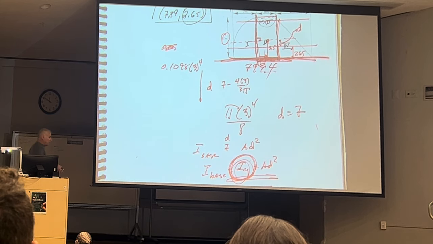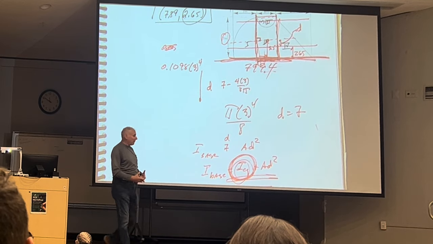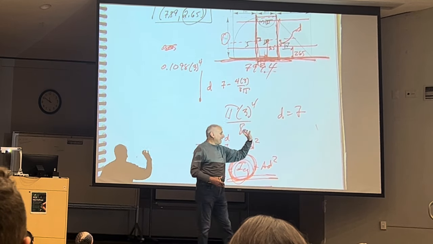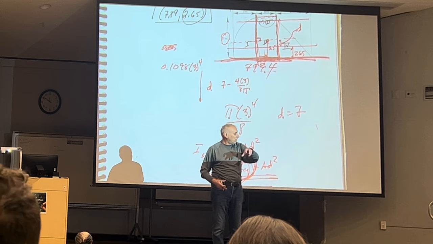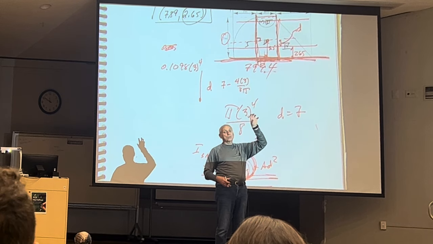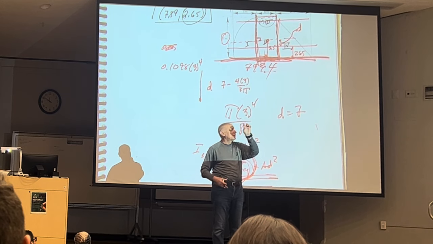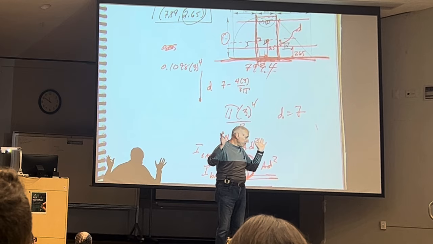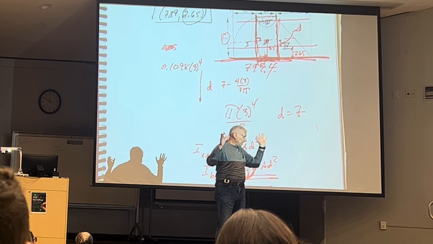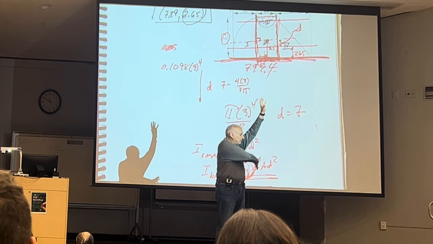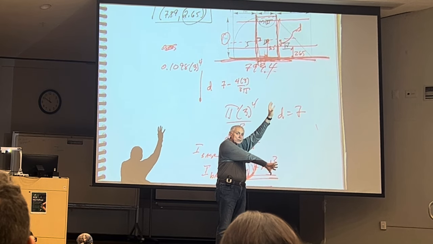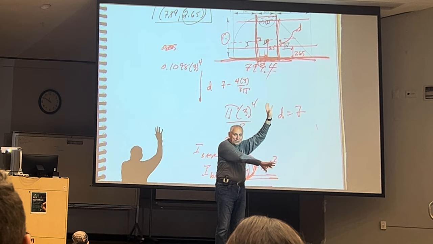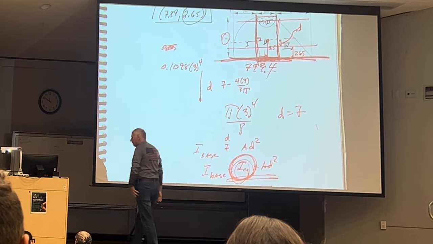The parallel axis theorem is very, very specific. It does not say IA equals IB plus AD squared. It says IA is equal to ICG plus AD squared. You can't transfer willy-nilly. It's a remote axis and a centroidal axis. It's not two remote axes. Okay? You with me?